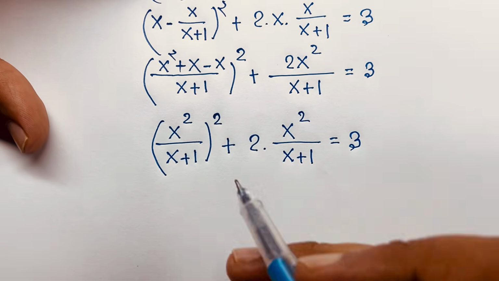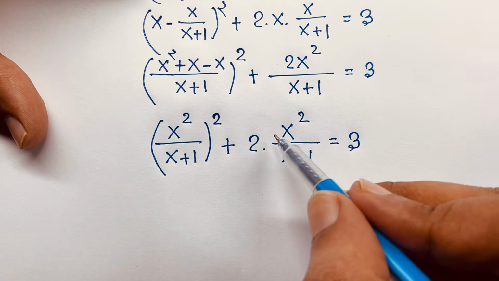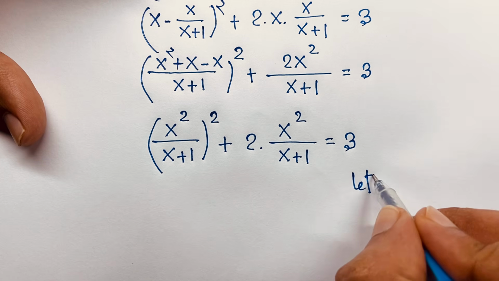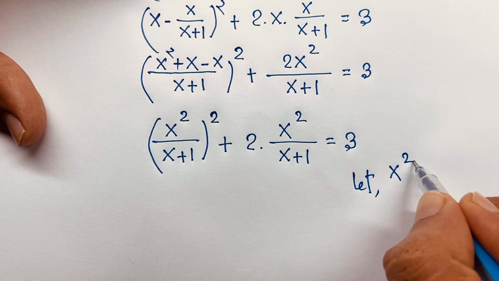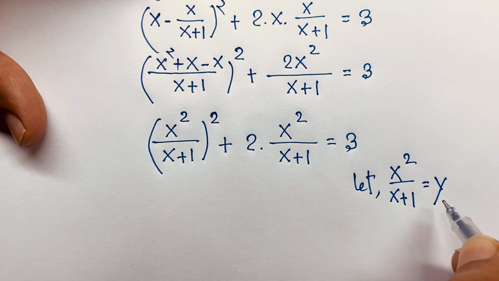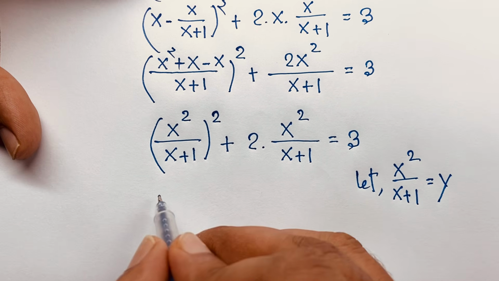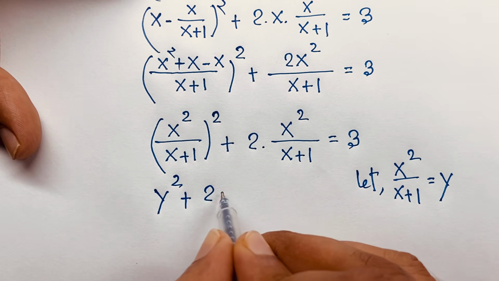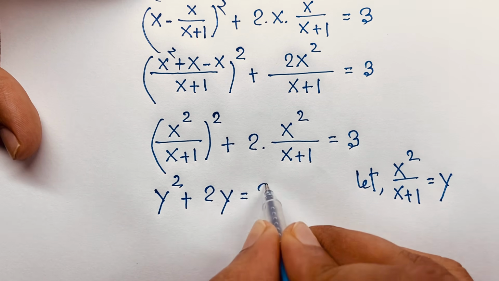But here x square over x plus 1 appears twice, so let x square over x plus 1 be y. Now I substitute this below here, which is y to the power 2 plus 2y is equal to 3.